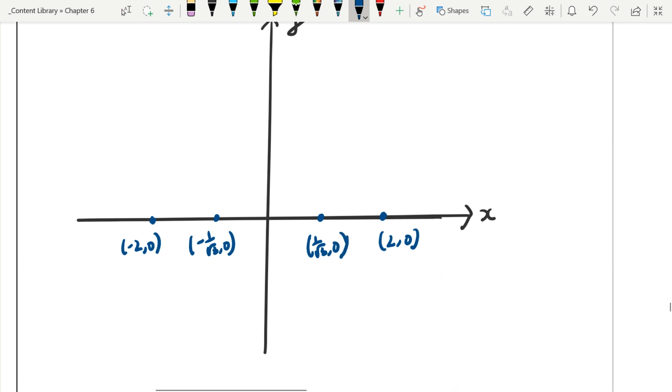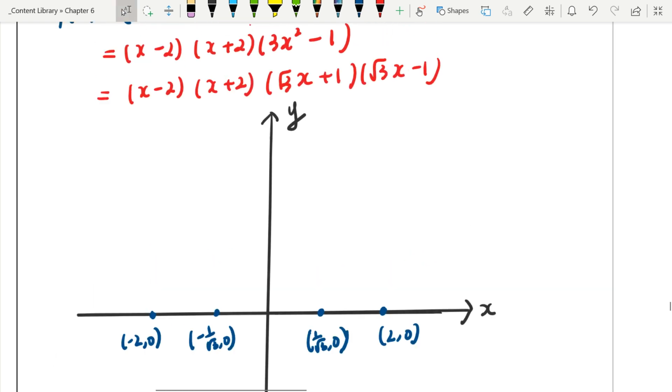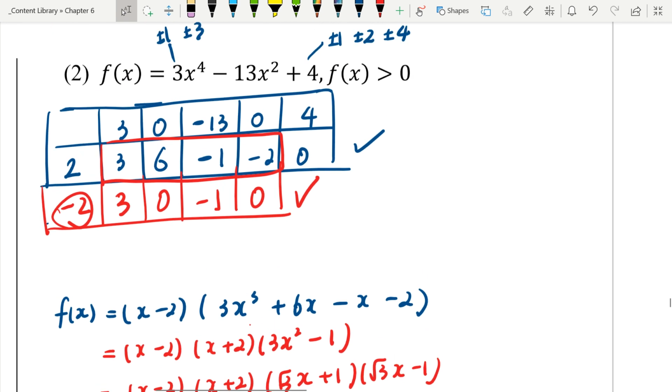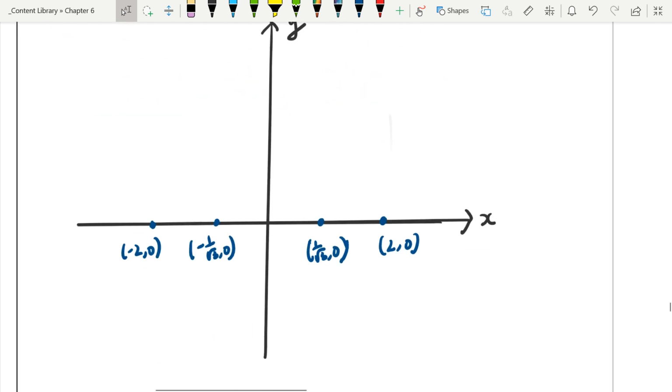What's the y-intercept? 4. Yeah, so the first number here, last number here, 4. So you have a y-intercept at 4.